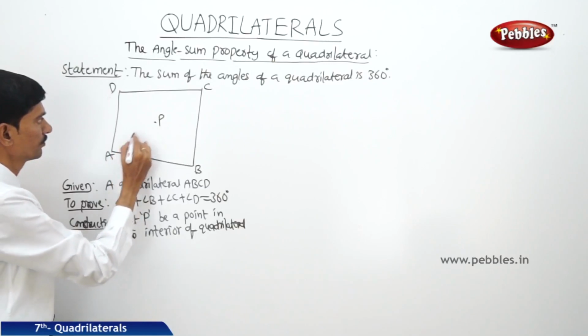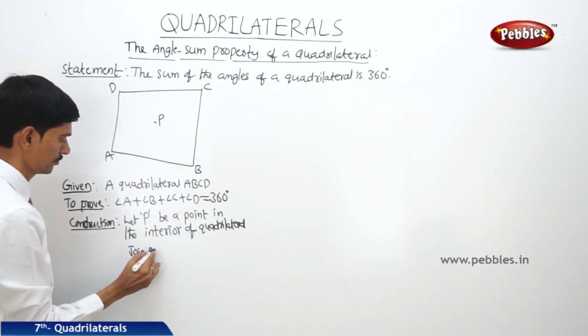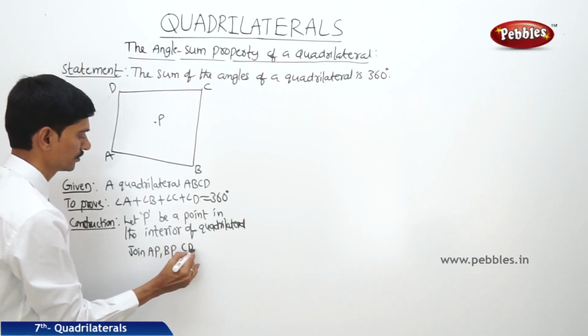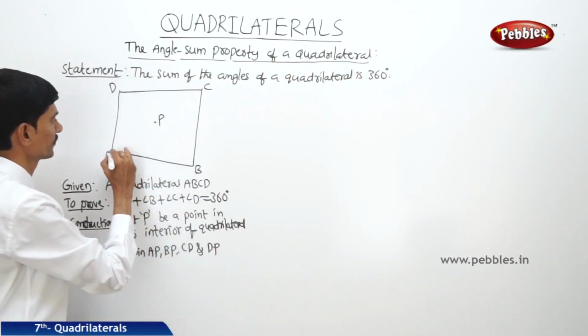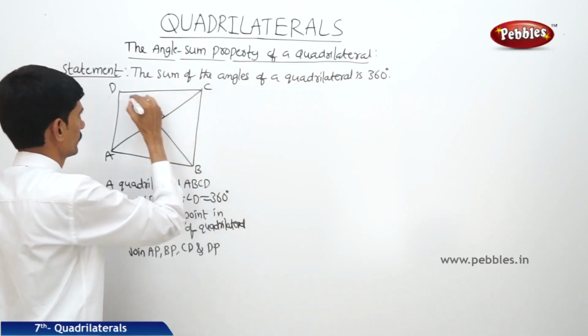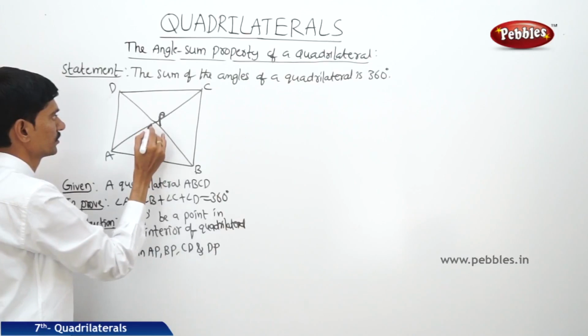Then join AP, BP, CP and DP. So here P is the interior point.